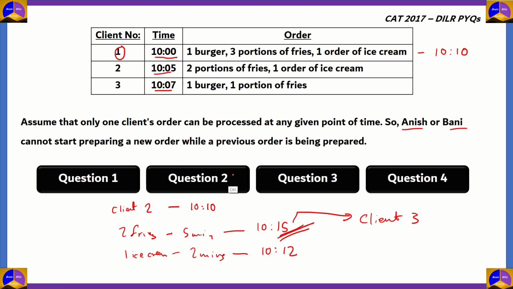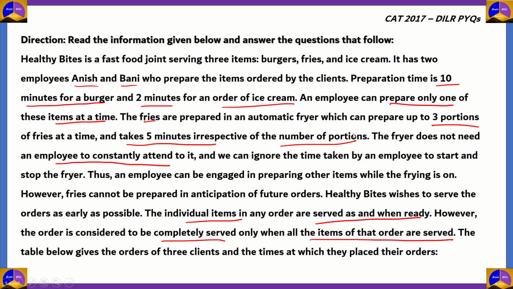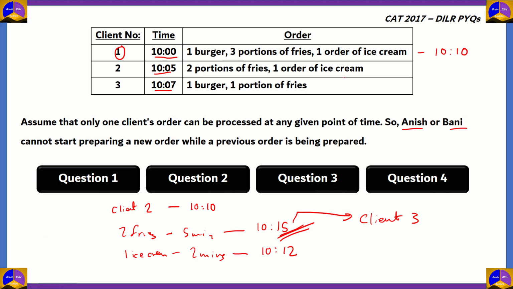So when we go back to question 2, by understanding when client 2 was completely served, we know that client 3's order started processing at 10:15. Now, what did client 3 order? When we look at it, it's 1 burger, 1 portion of fries.